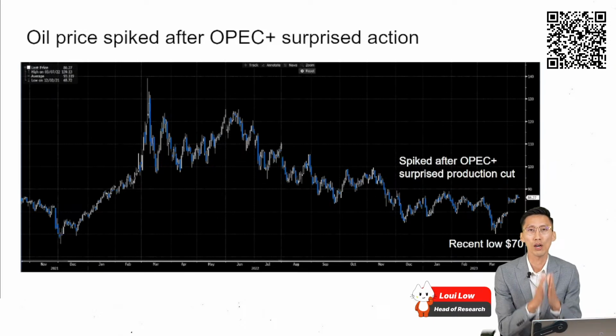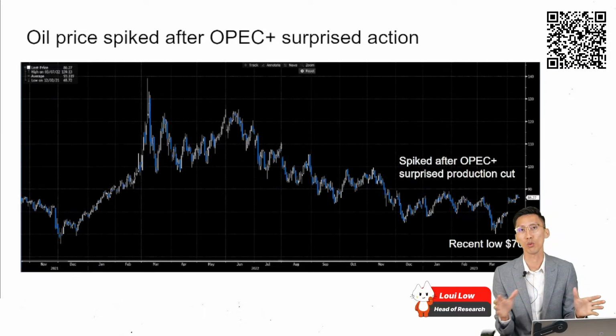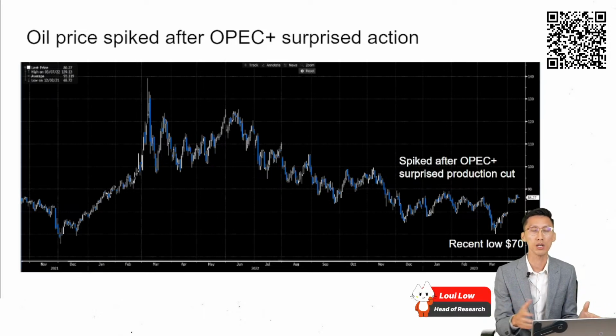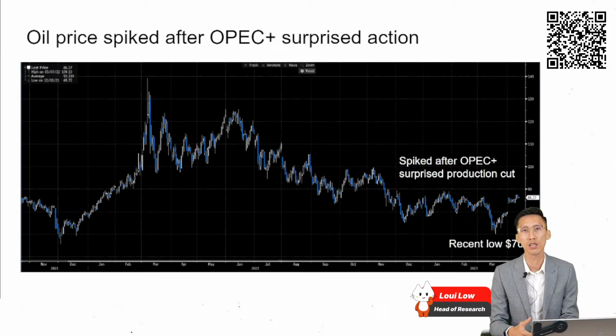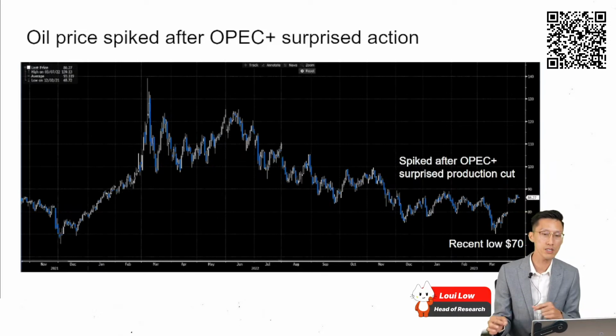So again, when we are looking into this very volatile oil price, perhaps that could also be one of the areas that you can actually monitor. When oil price spiked towards 140, then back towards 70, we noticed that a lot of energy counters have been retracing.